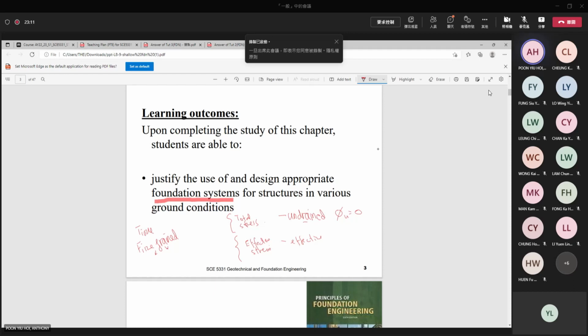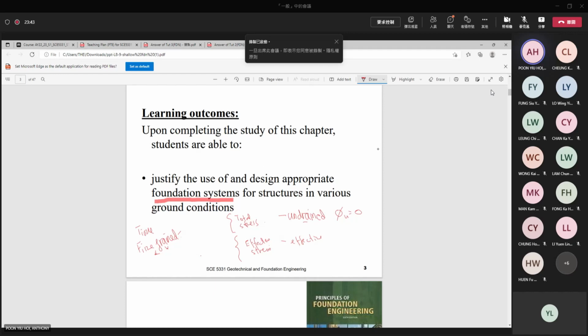For long-term analysis of fine-grained soil, we expect the excess pore water pressure to dissipate, and we will use the effective stress analysis.